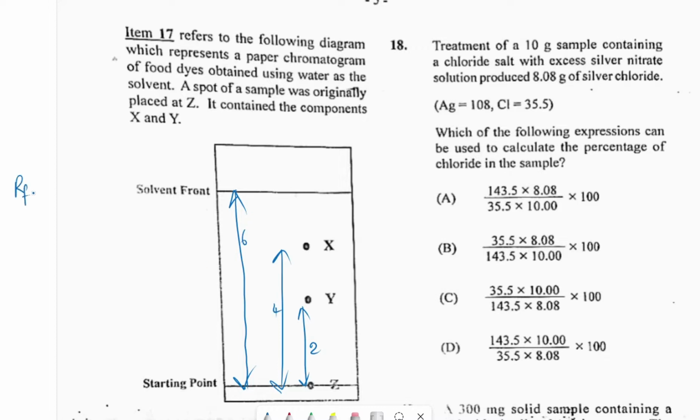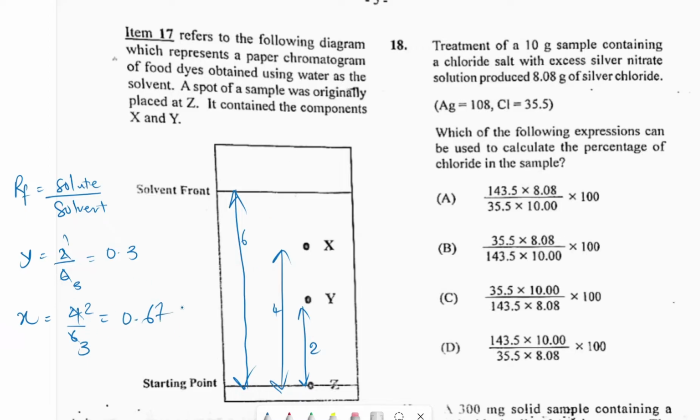The retention factor, Rf, is the distance traveled by the solute divided by the distance traveled by the solvent. So for Y, I would essentially put 2 over 6, which is 1 over 3, which is 0.3, and X, which is 4 over 6, which is 2/3, which is 0.6, I believe, 0.67.